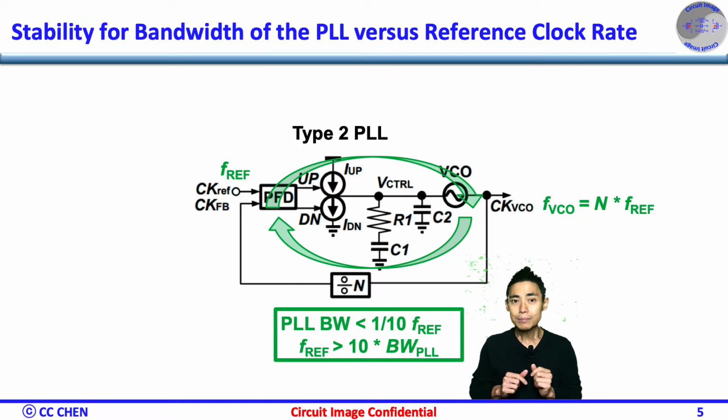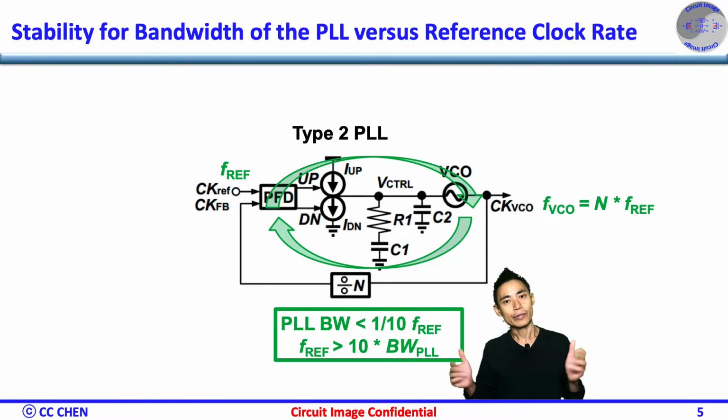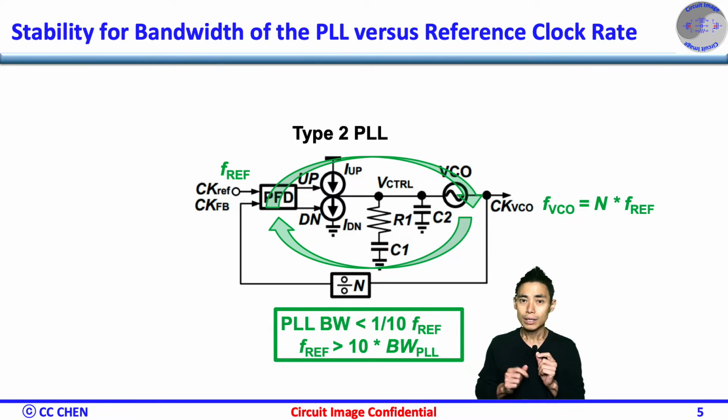Below the minimum required reference clock, the PLL will be unstable. On the other hand, if you have a constrained reference clock frequency, you must design your PLL bandwidth to be at least less than 1/10 of the reference clock frequency, which is the rule of thumb to make sure the PLL can be stable.